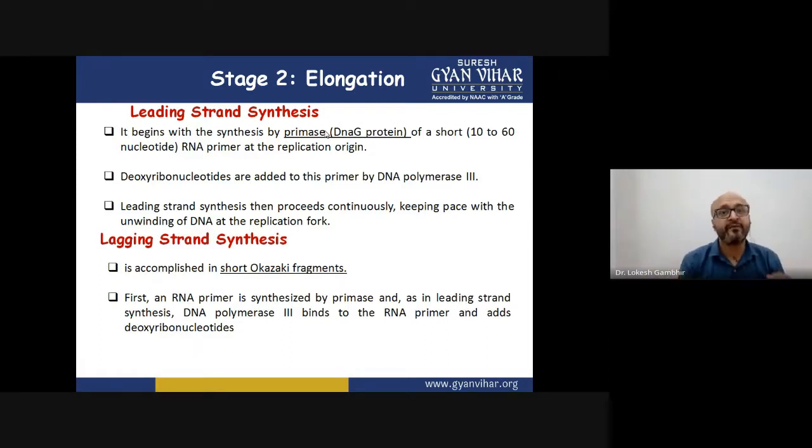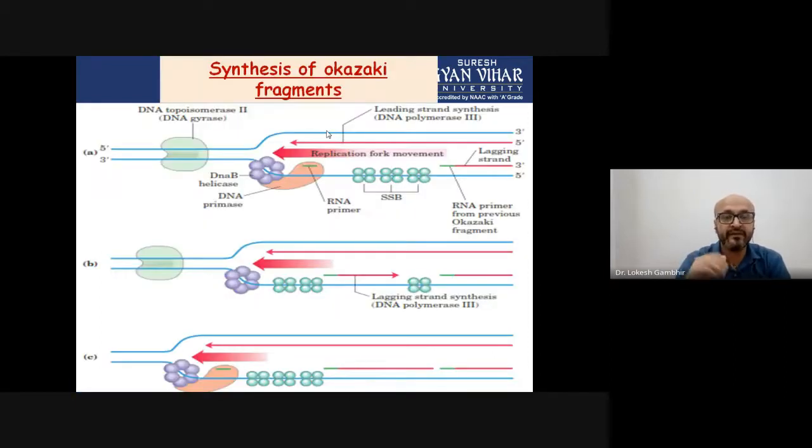We had discussed why these Okazaki fragments are required: because the other strand is in the opposite direction, and replication can only happen in the 5' to 3' direction. So how that problem of synthesizing the opposite strand is resolved is what we will focus on in this part.